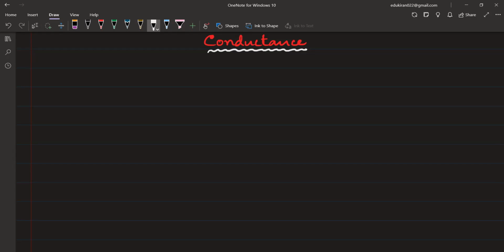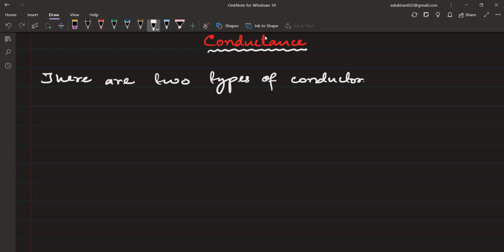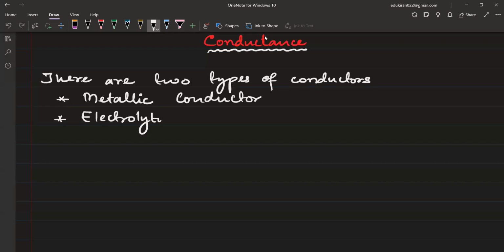Now there are two types of conductors. Please write the first line. There are two types of conductors. Number one, that you are well acquainted with, is the metallic conductor. The second one is the electrolytic conductor.